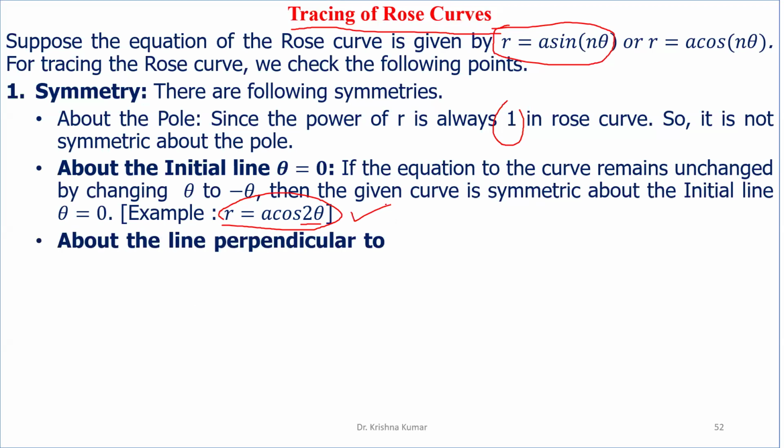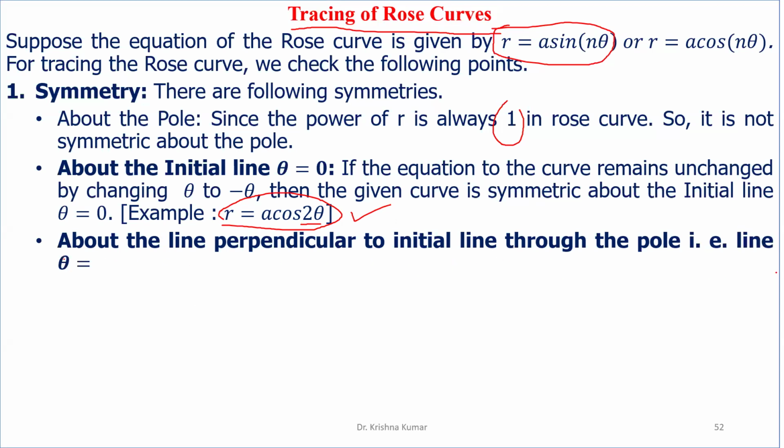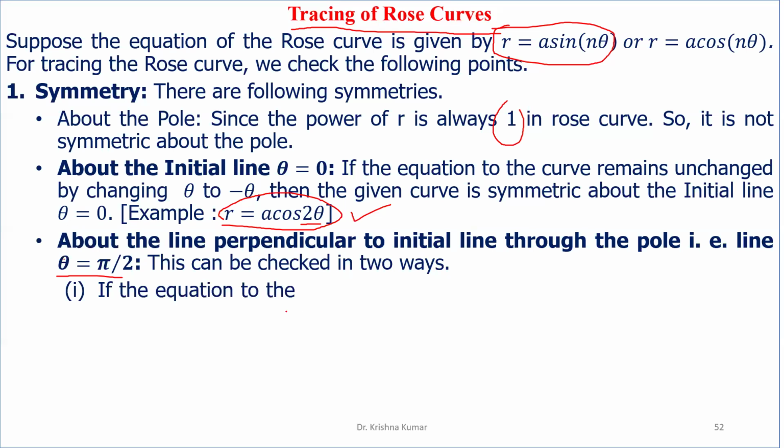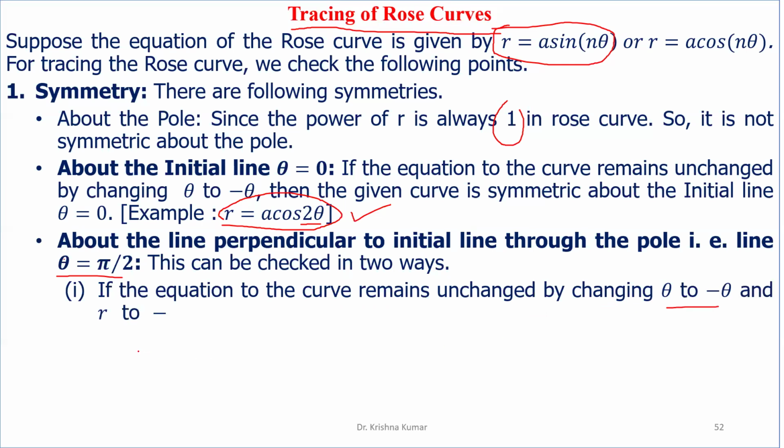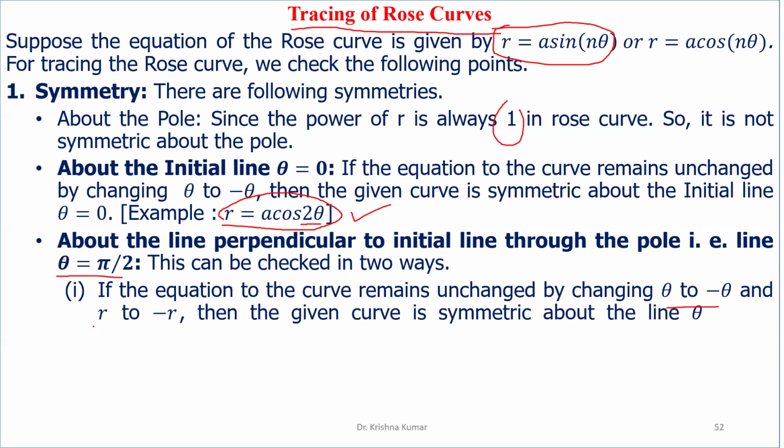Similarly, the symmetry about the line perpendicular to the initial line through the pole, which we can simply say is the line theta equal to pi by 2. This can be checked in two ways. Way number one: if the equation of the given curve remains unchanged by changing theta to minus theta and r to minus r, then the given curve is symmetric about the line theta equal to pi by 2.